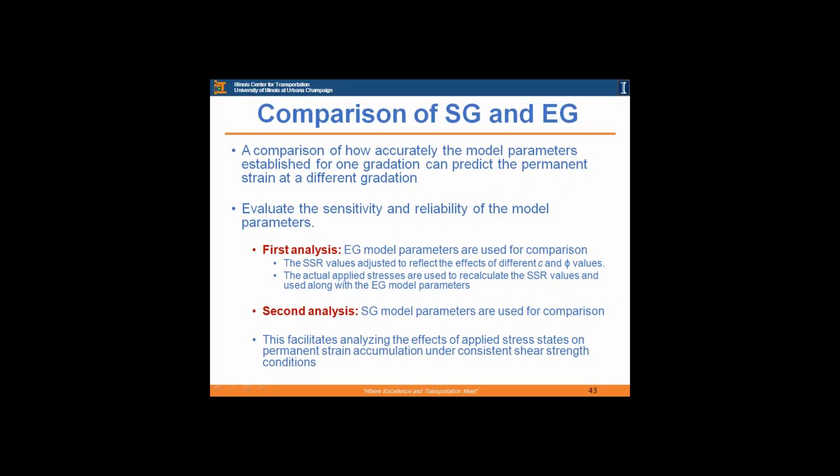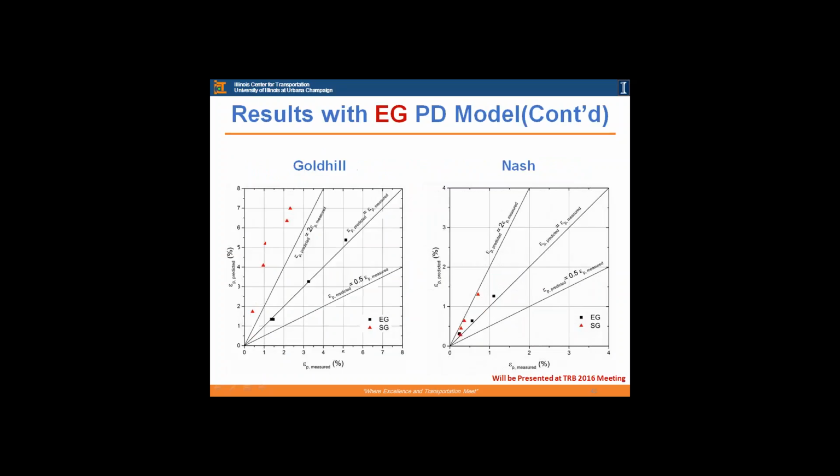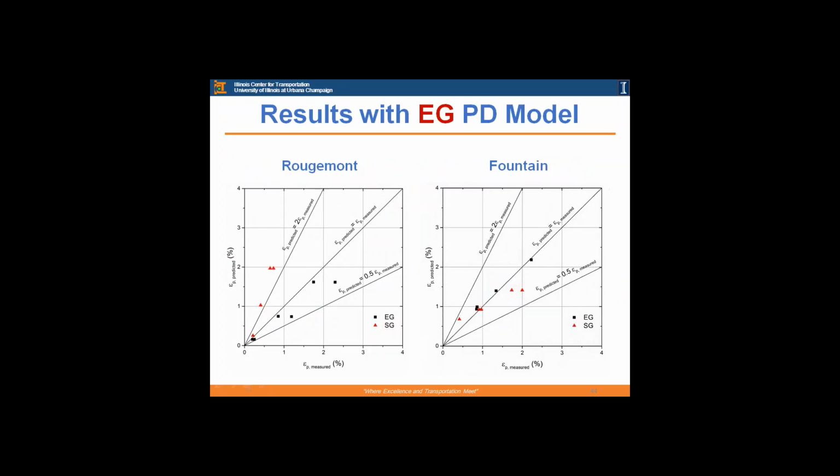And the reason behind this analysis is to see the effect of applied stress states or the shear properties, as well as the gradation on the prediction of the permanent deformation at different materials. And if you see the results here, I'm showing here two materials and here another two materials. So materials that had different shear properties and significantly different gradations.